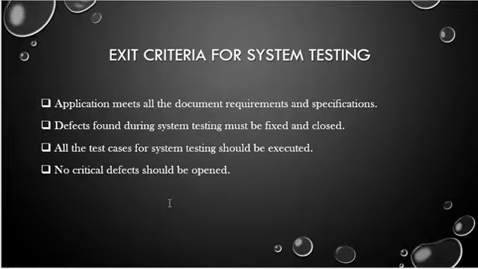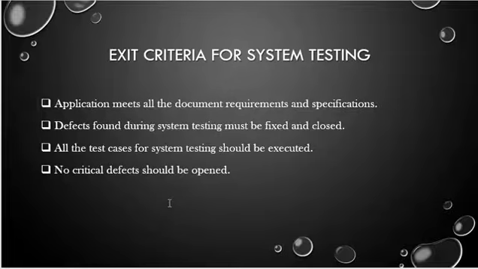Some minor bugs still may be there, but criticals are the major bugs which we need to carry out in system testing, and we should make sure that all the critical bugs are closed. When all these criteria are fulfilled, I can say that I got an exit point for system testing and the application can go for the next level.